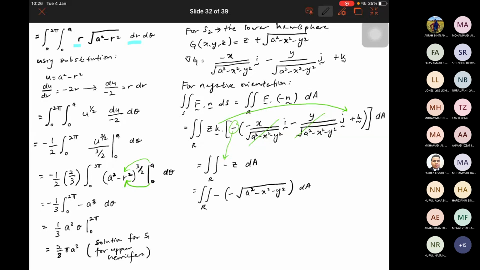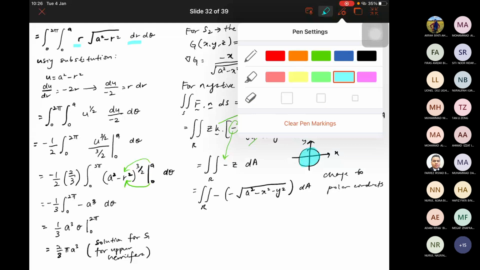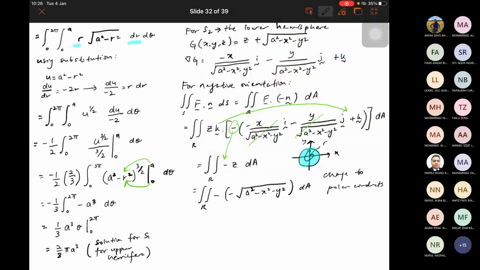Okay. Change to polar coordinates, because it is the same. Only this time around it is the xy-plane on the lower side. That is why we are going to make use of r and also theta.